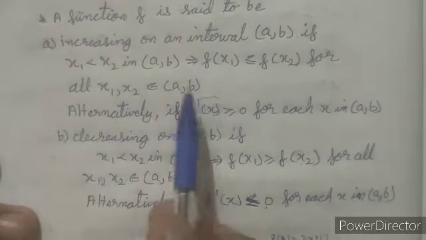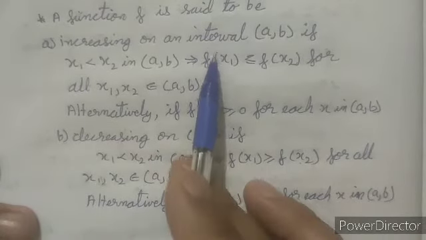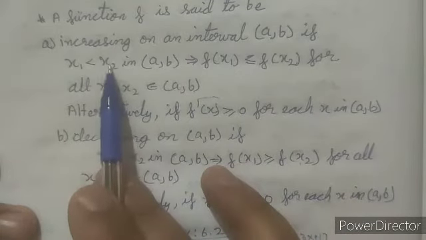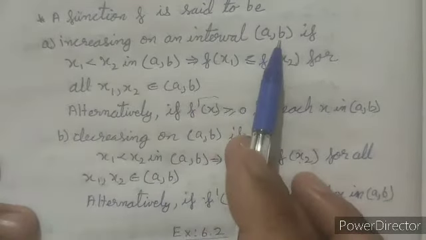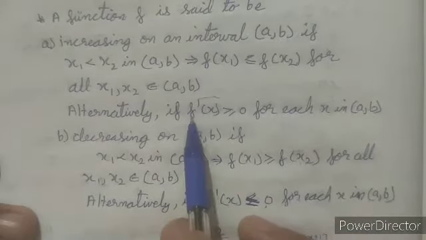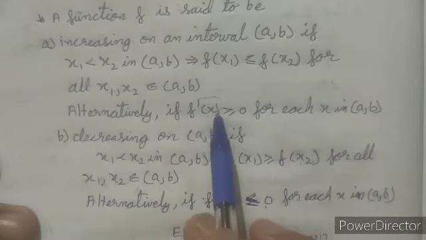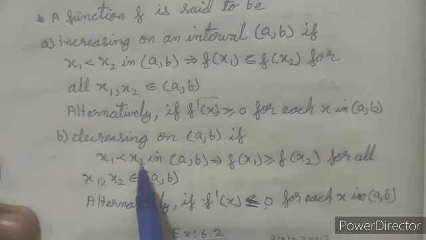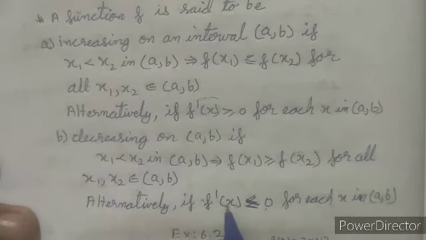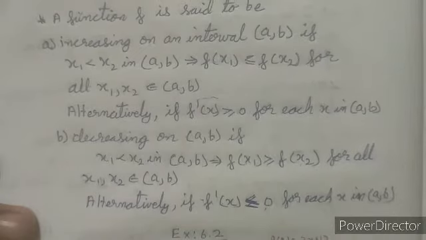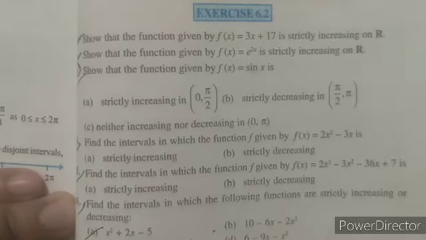That means we can check the value of f(x1) and f(x2) if x1 is less than x2 in the interval, or we can find the value of f dash x, and if f dash x is greater than or equal to 0, then the function will be increasing, and if f dash x is less than or equal to 0, then the function will be decreasing. Come to the exercise 6.2.